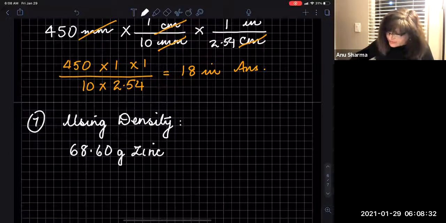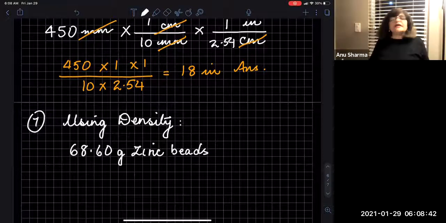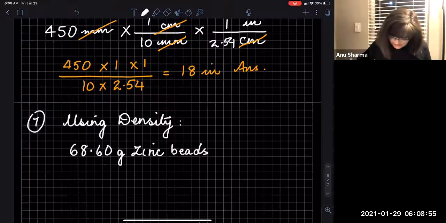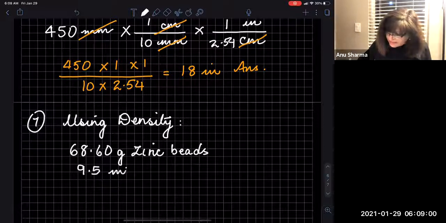This is a tablet or a zinc ball, you can say little beads of zinc. So the zinc beads weigh 68.60 grams, and the amount of volume, the space that they occupy, is 9.5 milliliters.